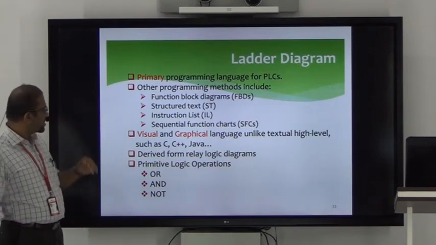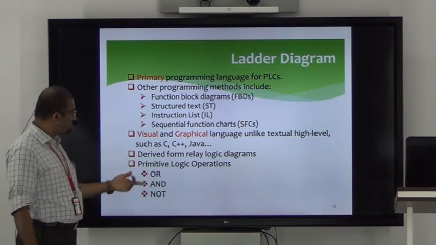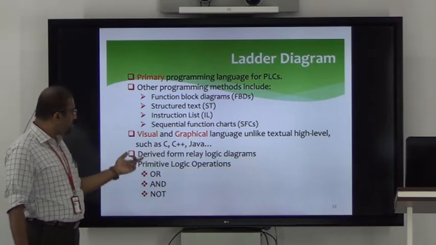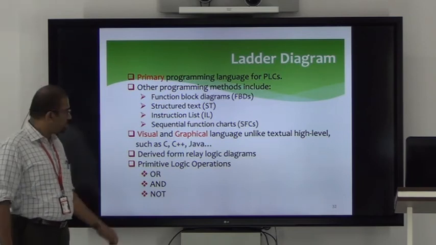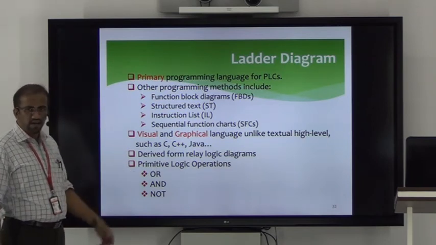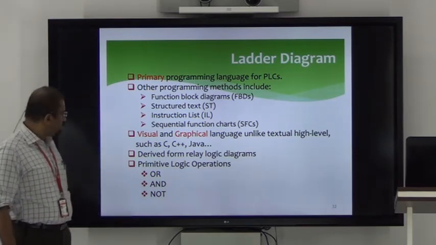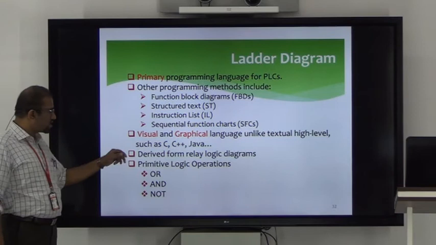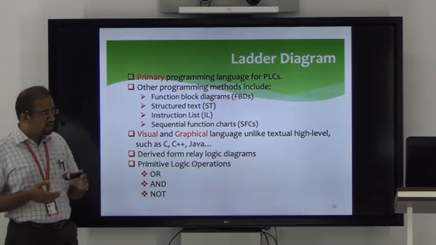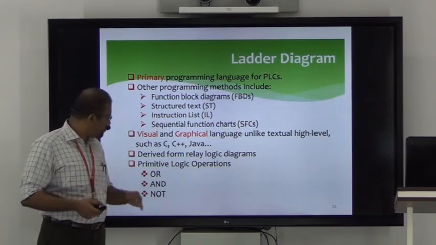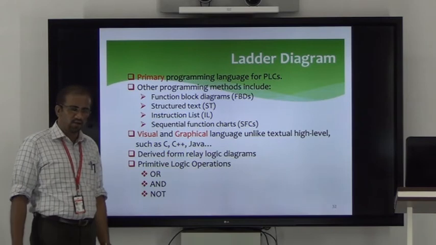Basically, a ladder diagram is a visual and graphical language, in comparison with high-level languages such as C, C++, and Java. So no need to code it. It is basically derived from relay logic diagrams. To explain the ladder diagram, the basic ones are AND, OR, and NOT.